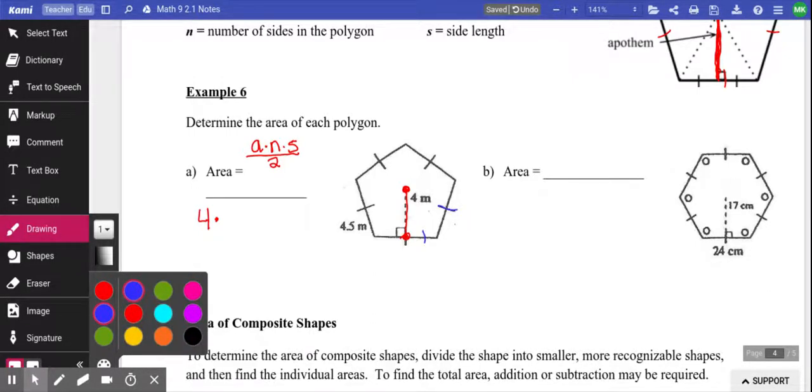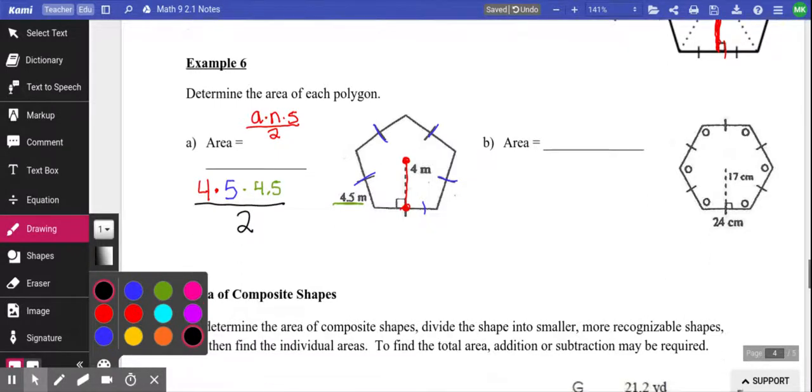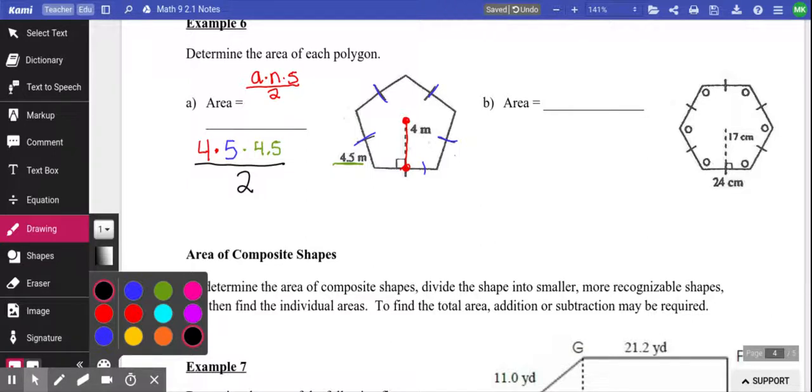We have 1, 2, 3, 4, 5 sides. Times S. S is the length of your side. The length of your side is 4.5. All divided by 2. So I have 4 times 5 times 4.5, all divided by 2. You should get 45.